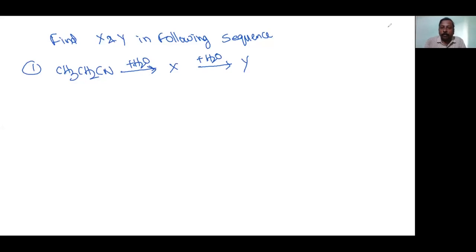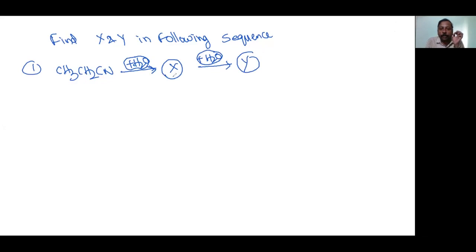Up to whatever preparation we have done, based on that you should immediately do questions, then only your perfect practice will be there. Now you have to write the IUPAC names of X and Y. CH3, CH2, CN is hydrolyzed with 1 mole of water, then hydrolyzed with another mole of water.